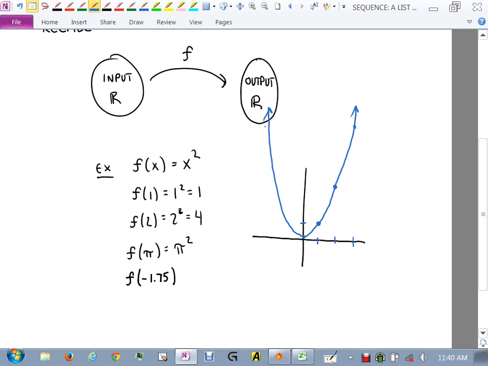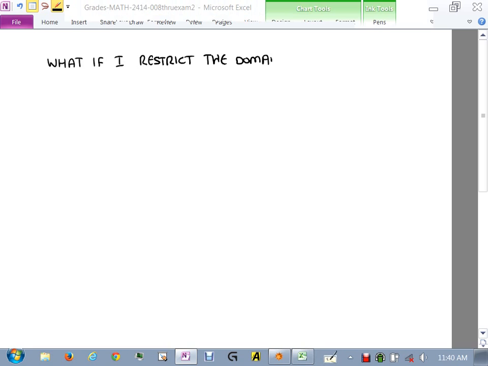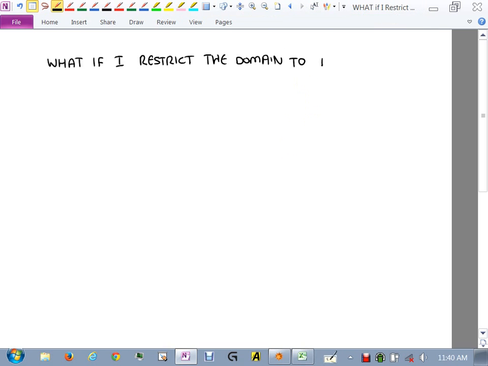All right? So here's some kind of a new concept. What if I restrict the domain to positive integers only?